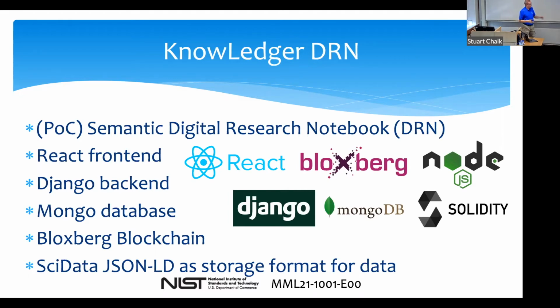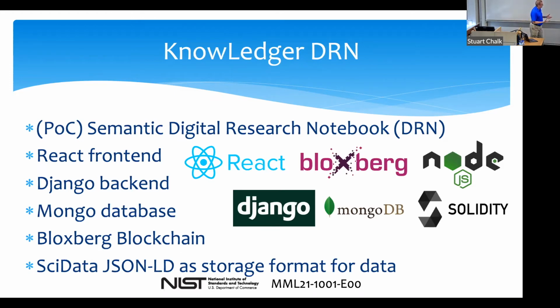And I had put this project proposal into NIST in the US for a prototype project where we would create, and again, the DRN idea is Jeremy's original idea, Digital Research Notebook, where we want to use SciData as the basic data capturing format for data in the Digital Research Notebook.